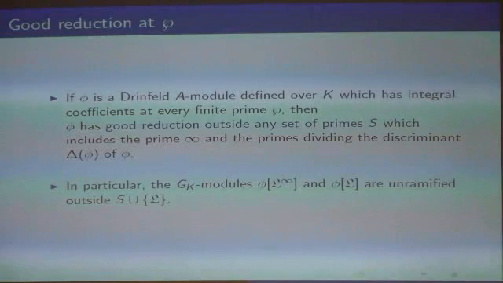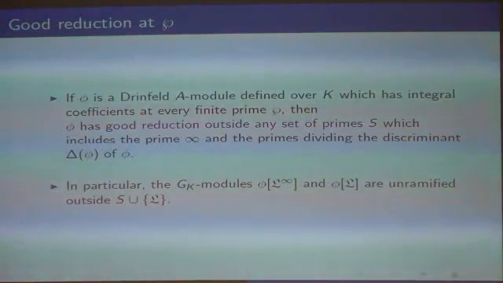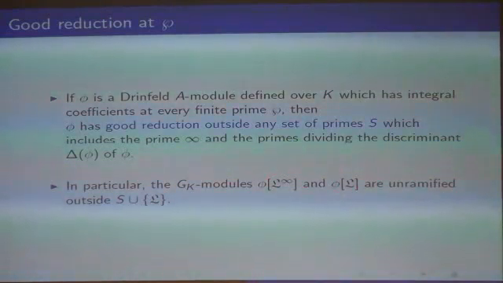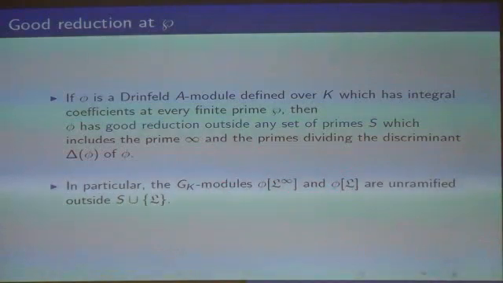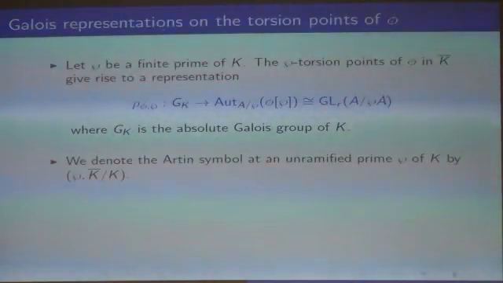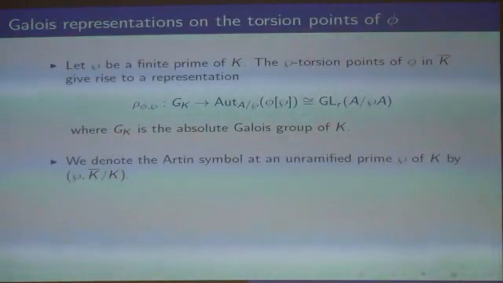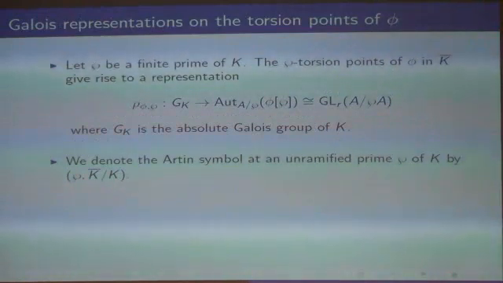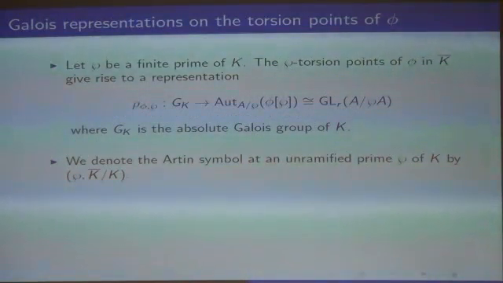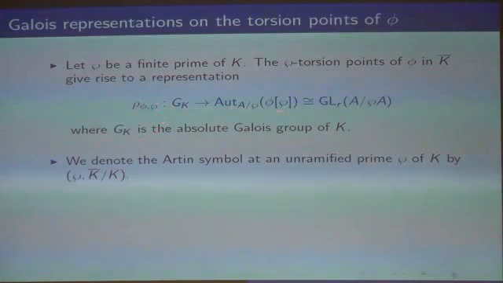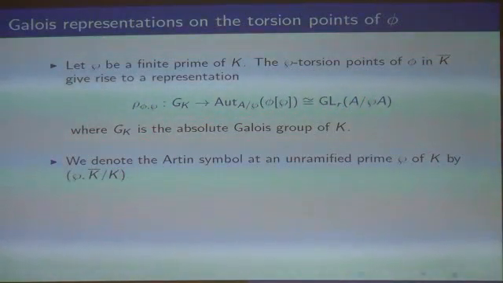And in particular, these modules are unramified outside of this collection S in union with the prime L. Okay. Then the P torsion points bring us a Galois representation to the automorphisms of the torsion module, where G_K is the absolute Galois group.